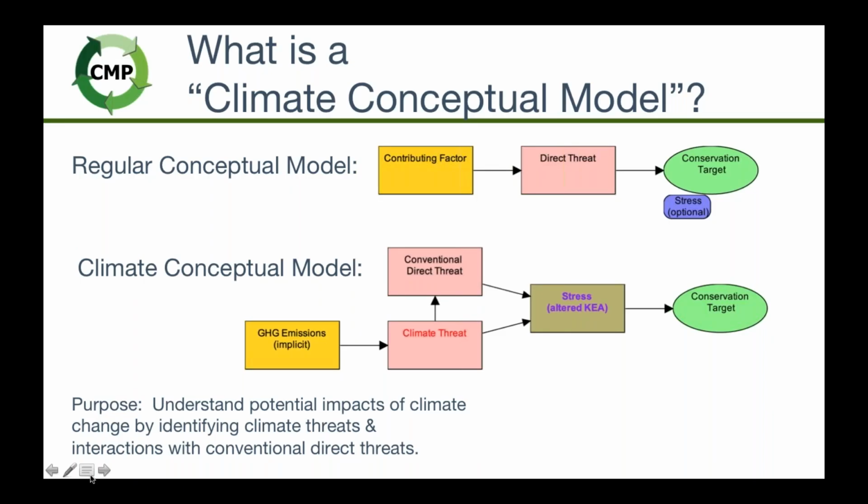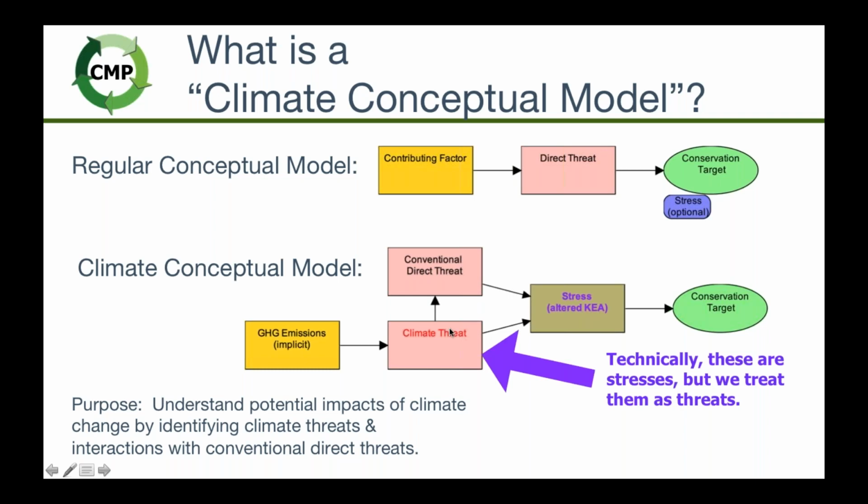There we go. So basically, the difference between a regular conceptual model and a climate conceptual model is, again, that it's really zooming in on these factors, the conservation target, your conventional direct threats, and the stresses that they cause, as well as what we're calling climate threats that technically are stresses, but we're treating some of them as threats.